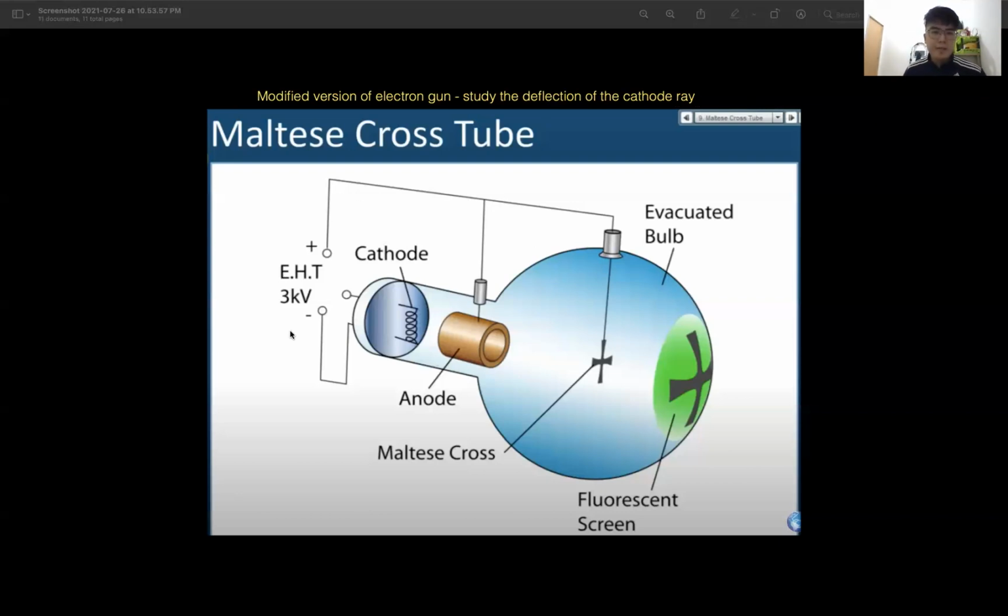How do we study it? Now this is the setup of the Maltese cross tube. You see, it's almost very similar to the electron gun. The only difference is that you have this cross over here, and then you have an extra circuit.